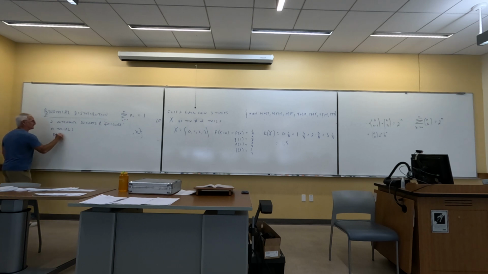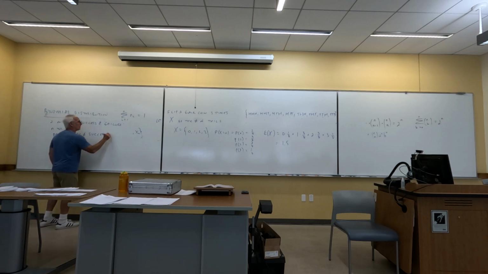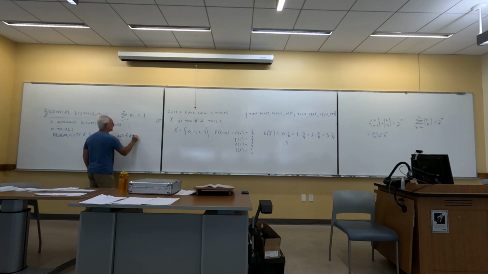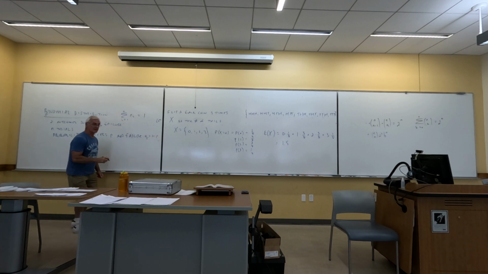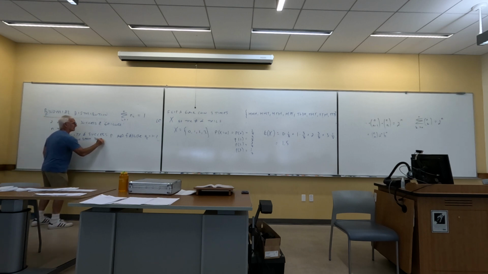The probability of success, which we call little p, and failure, which we usually call little q, which of course equals 1 minus p, remain the same throughout.